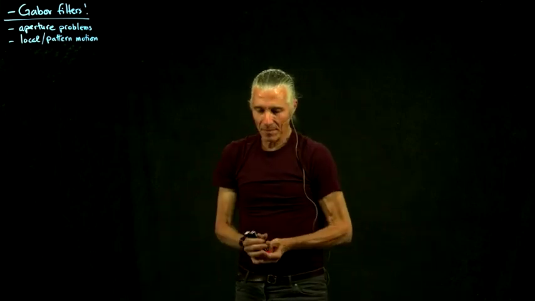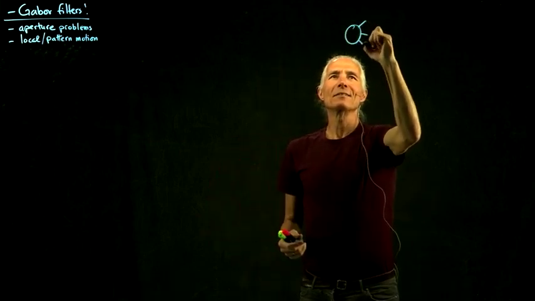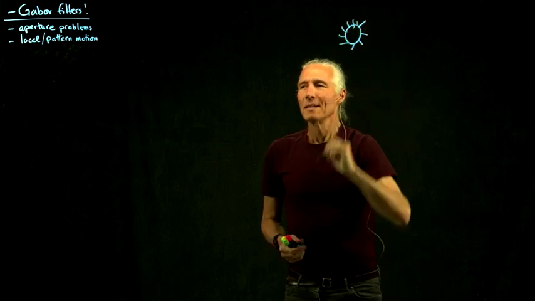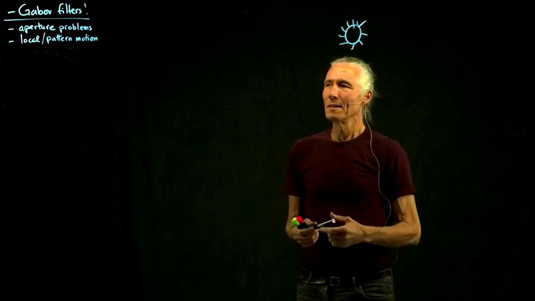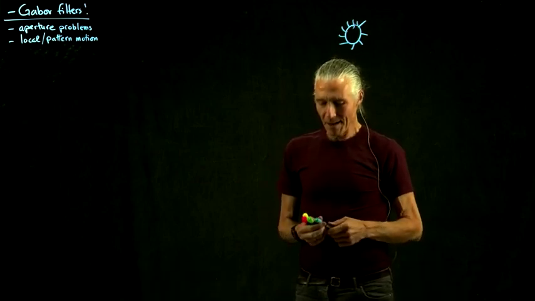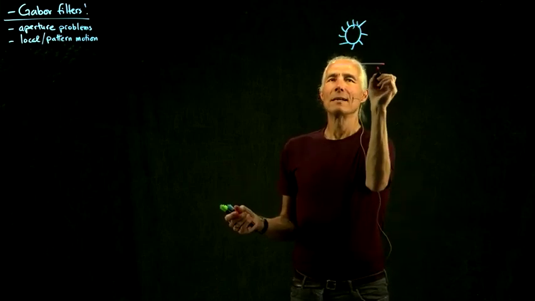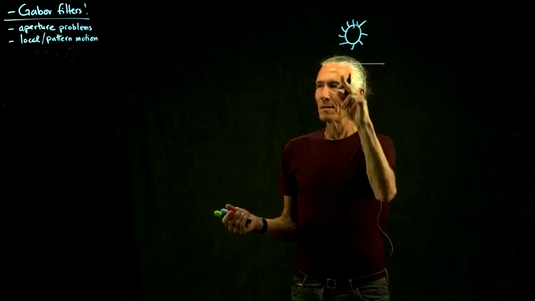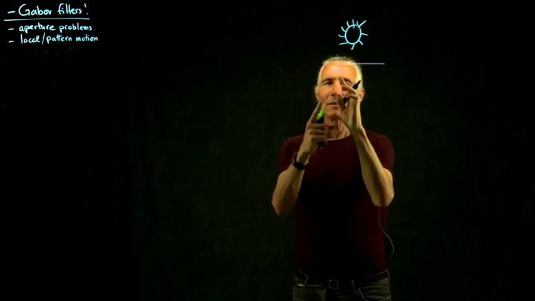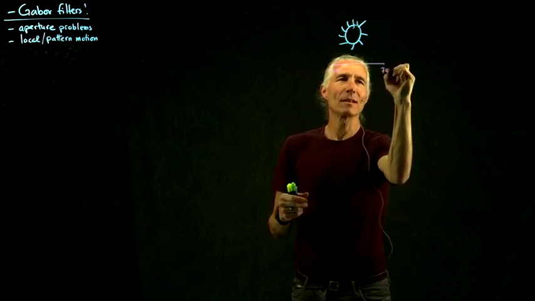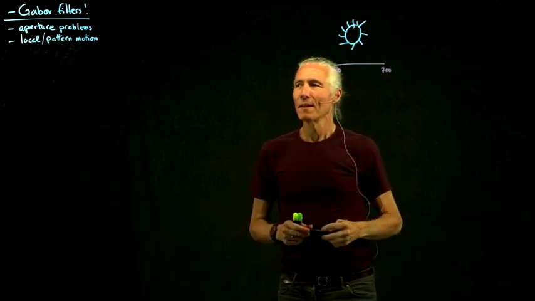So if you've got something like the sun, here's the sun. The light coming out of the sun contains all different colors. So if we plot color on this axis, we often plot the wavelength of color, from 400 nanometers up to, say, 700 nanometers. That's the spacing between the individual waves in the color.